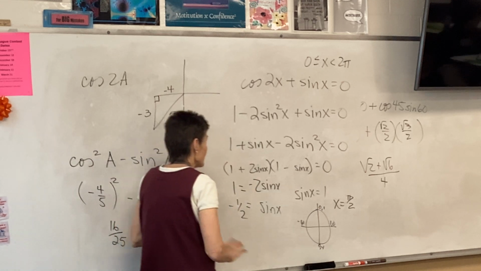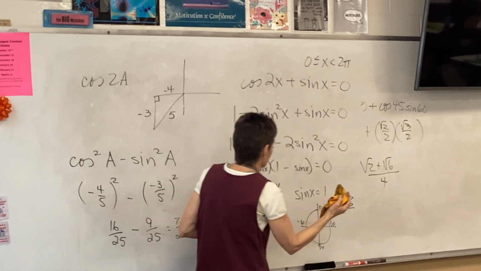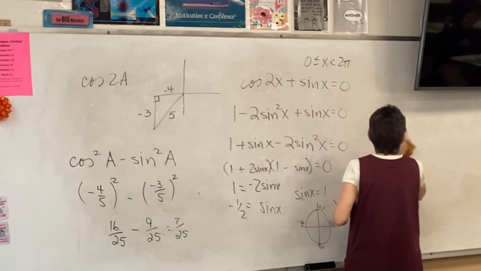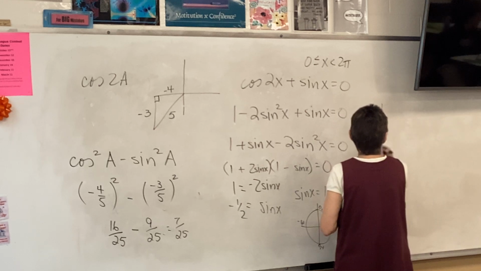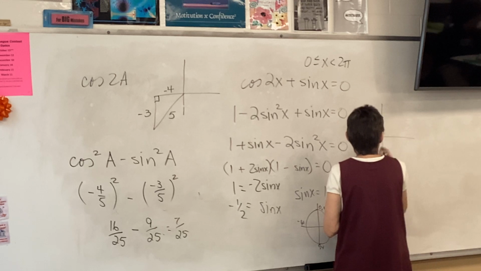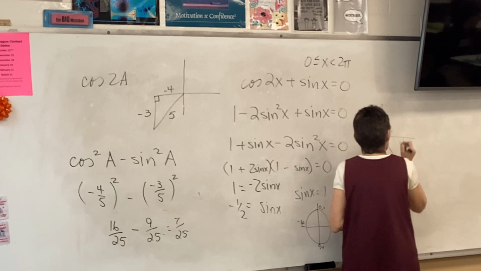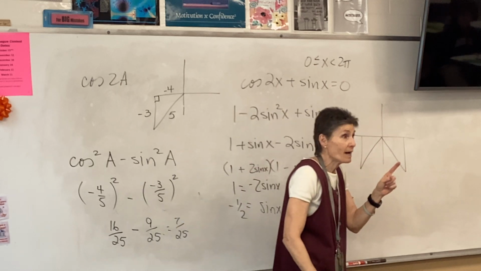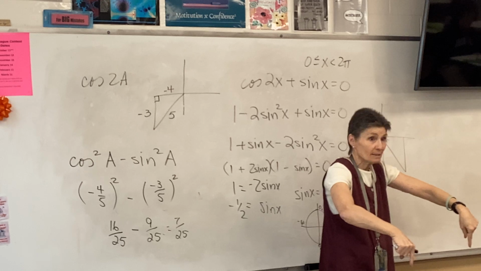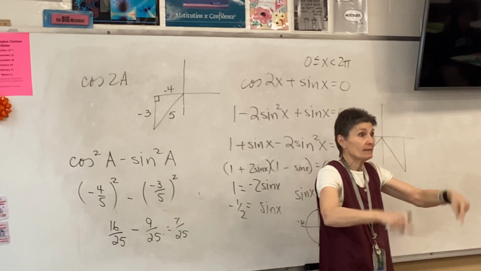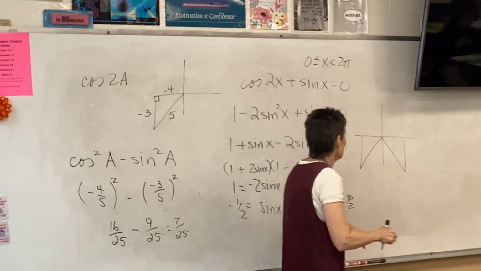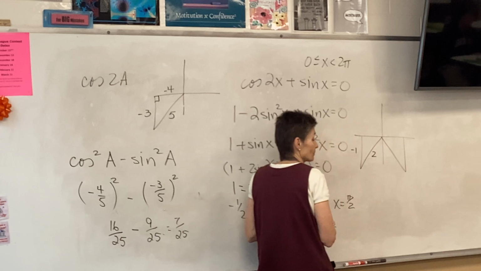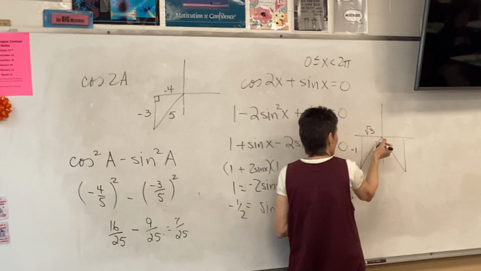Now, in which quadrants is the sine negative? 3 and 4. Guys, I said I wasn't going to say it again, but I'll say it again. Sine is y, y is negative down here. So where is sine negative? Down here. Sine is -1/2. So how big is this angle?